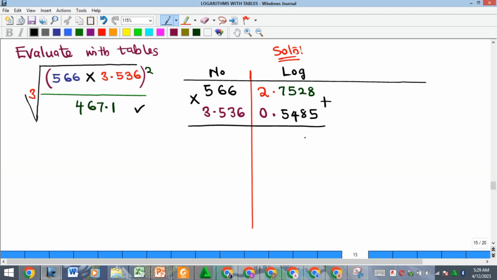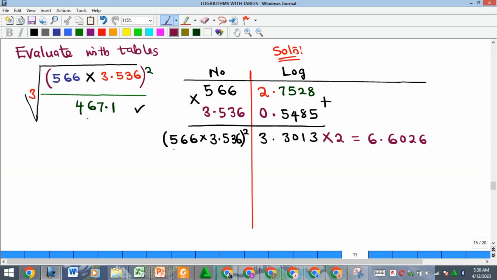So when we add this, we are going to have the sum, and then what's the next thing that happened? The two of them were squared. If you square this, square means you just multiply by 2. So that's multiplying this by 2.